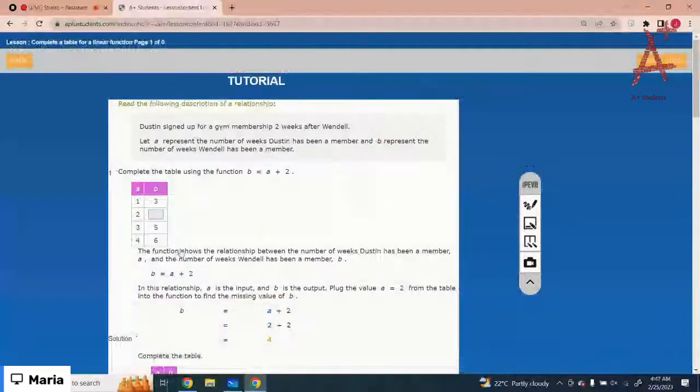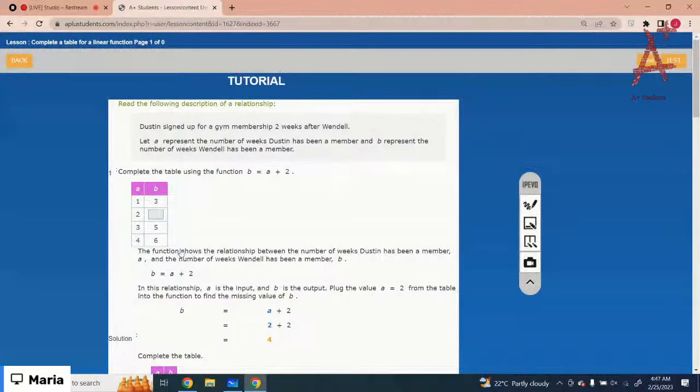The linear function is whenever you have a function like this, b equals a plus 2, where all the variables have degree 1. Degree 1 means all the variables have the exponent 1, not 2. Like b equals a plus 2. That is a linear function.